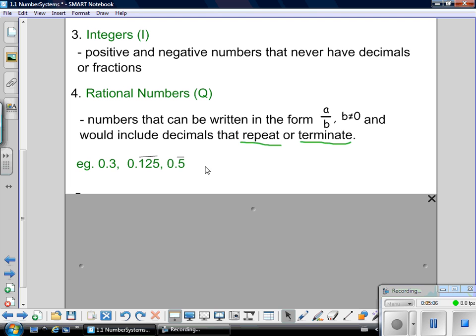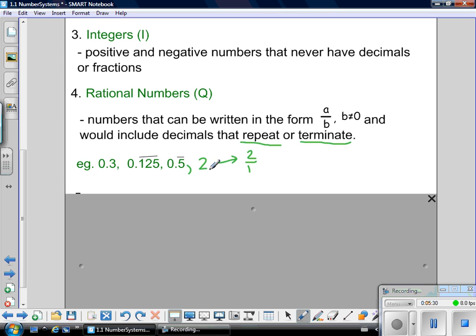Or it could be a whole number such as 2. And why is 2 a rational number? Well, because I can write 2 as 2 over 1. So that means I can put it in that form. If I can write it in the form like this, where the bottom, the denominator, doesn't equal 0, then it also is a rational number.